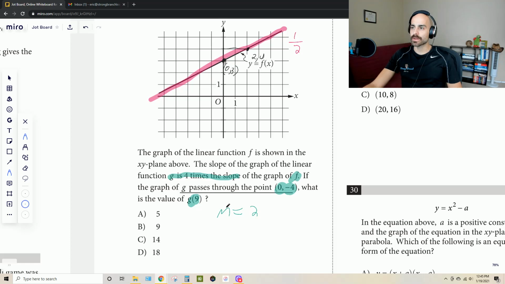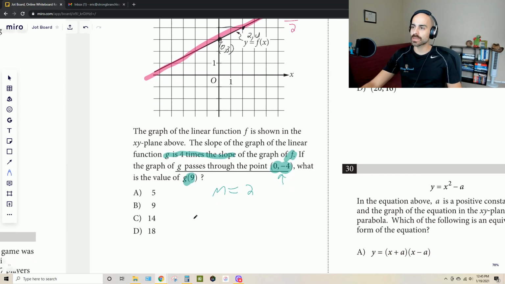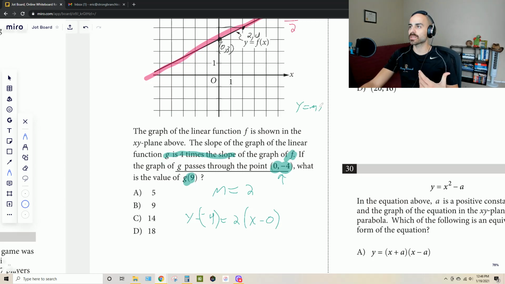All right, great. Now that we know the slope and we know that it goes through (0, -4), this is where point slope form can kick into place. And what we do with point slope form is we write it out. y minus -4 is equal to 2 outside of (x minus x1, which is 0). And we know that we want to use point slope form because we always want to see things in slope intercept form, because we essentially want to get it into y equals mx plus b.